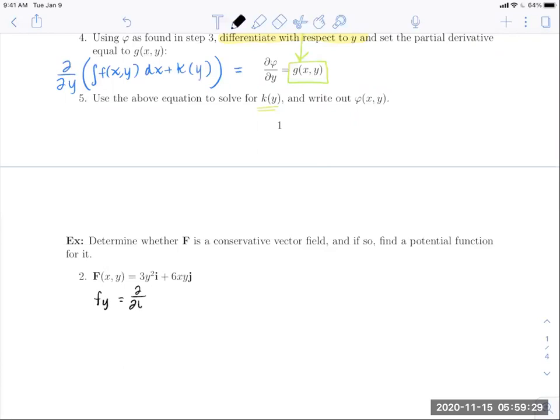So I'm going to take the partial with respect to y of 3y squared, and that equals 6y. Let's also find the partial with respect to x of g. So that is the partial of 6xy, which gives me 6y. All right, so at this point, I confirmed that this is a conservative vector field.